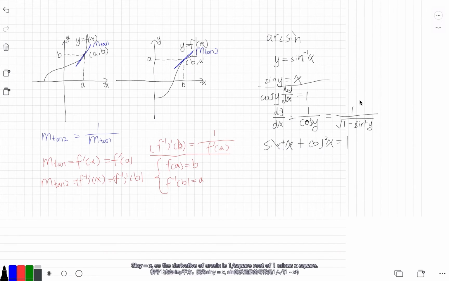Sine y equals x, like here. So the derivative of arcsine is one divided by the square root of 1 minus x squared.